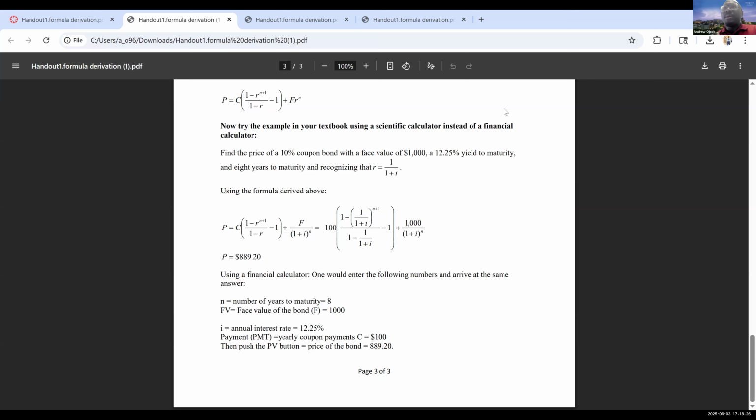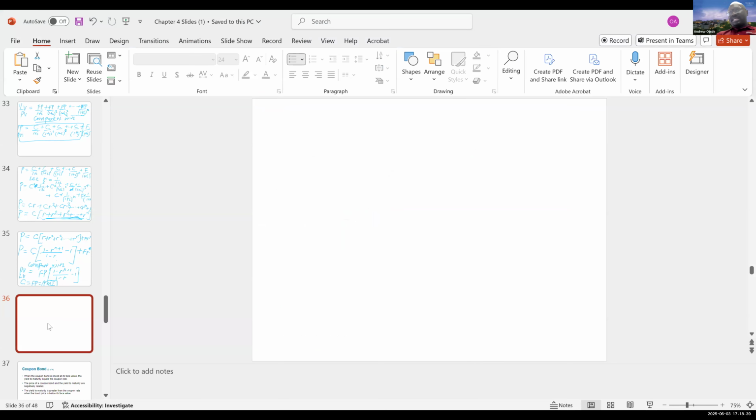So I can go back to our empty slide where I'm doing the calculation. Okay, that's where we are. Let me summarize the question here. We have been told to find the price of a 10% coupon bond. When I say 10% coupon bond, it means the little c coupon rate is 10%, which is the same thing as 0.1.